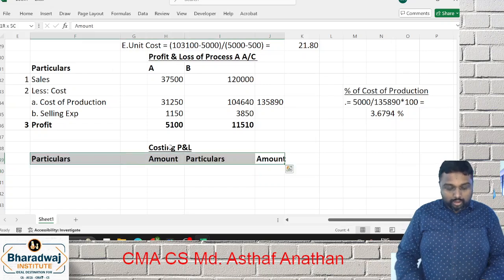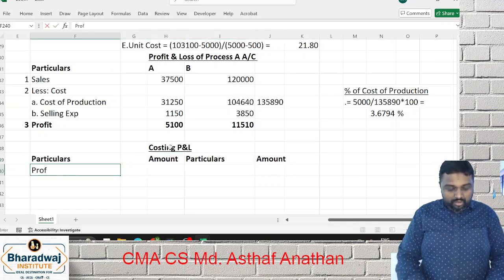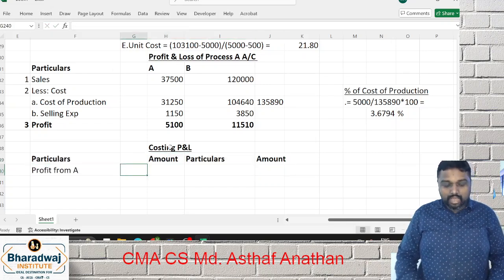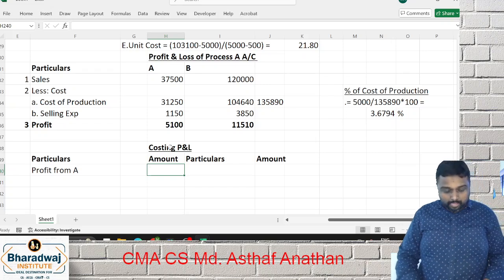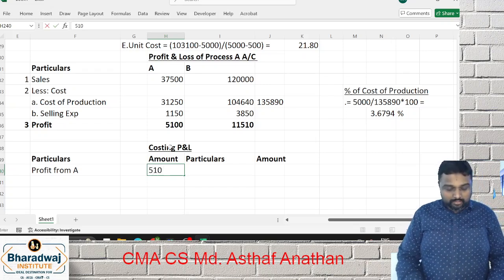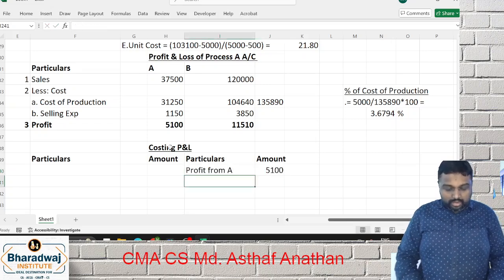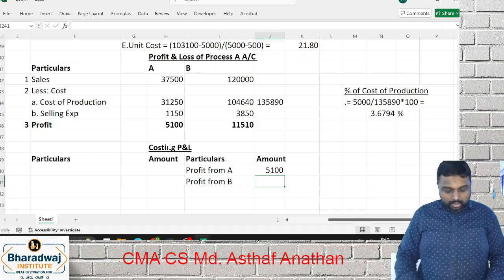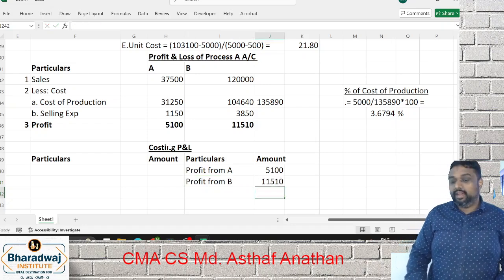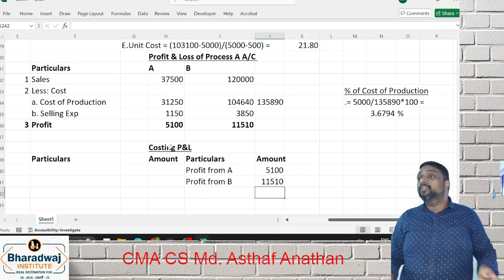So we have two profits. First, profit from A. What is the profit from A? 5,100. Next, profit from B, 11,510. Are you clear?